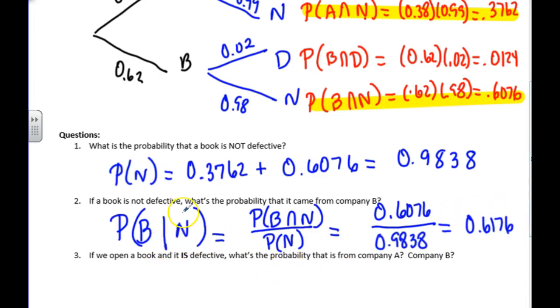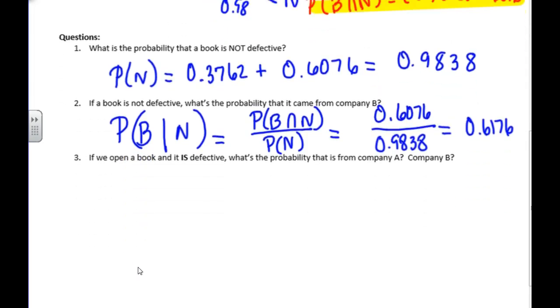Let's look at the last question for this particular problem. If we open a book and it is defective, what is the probability that it is from company A and company B?